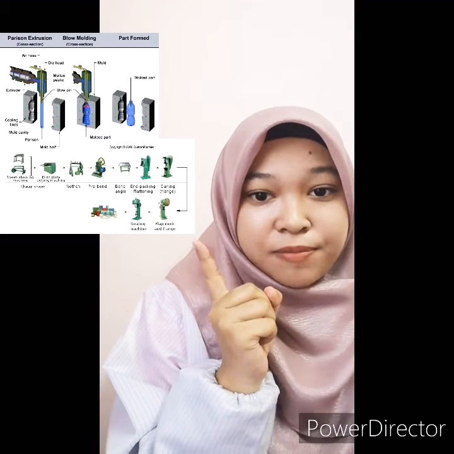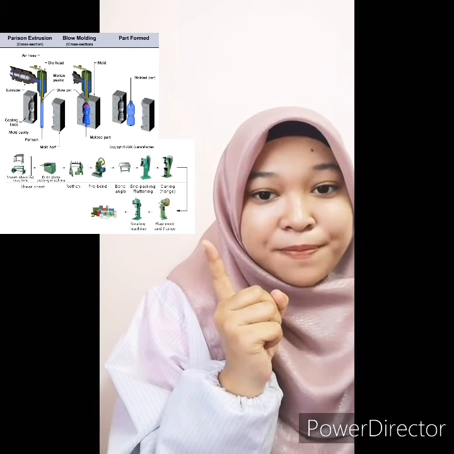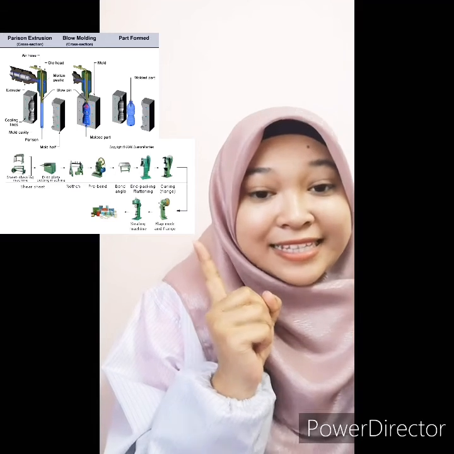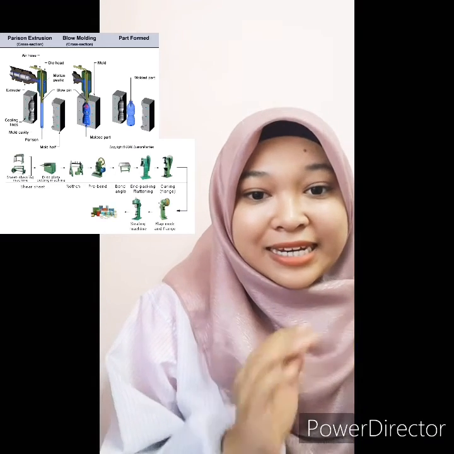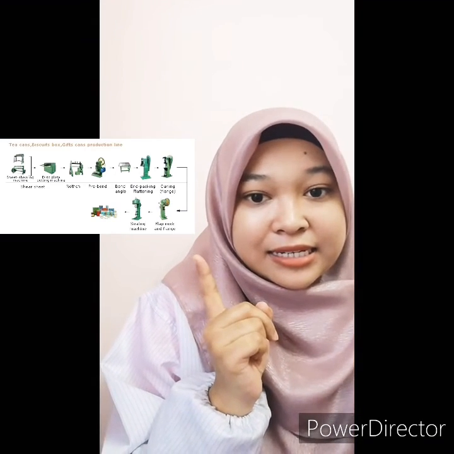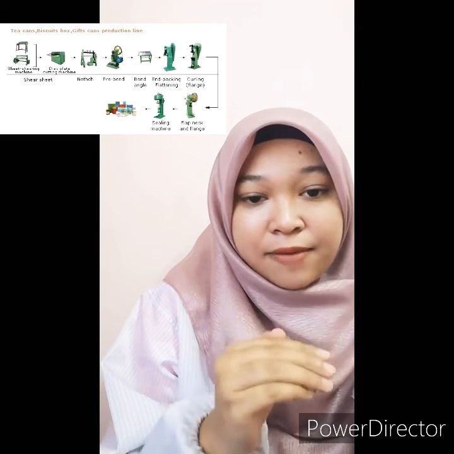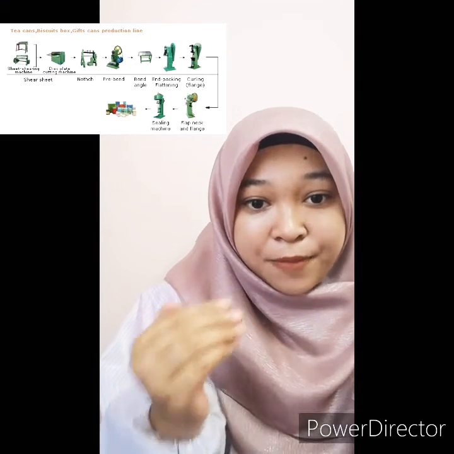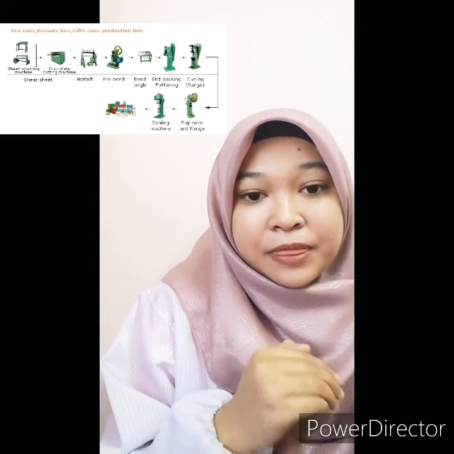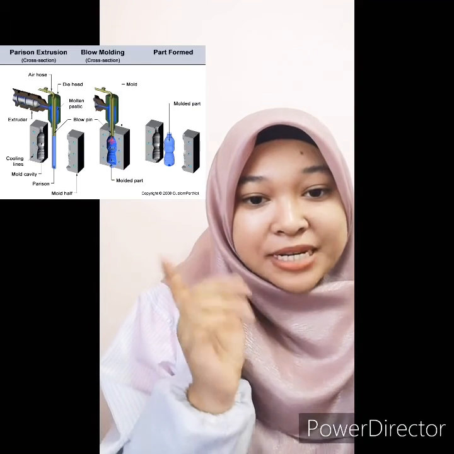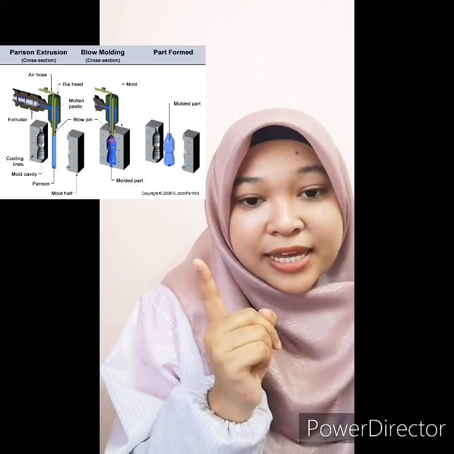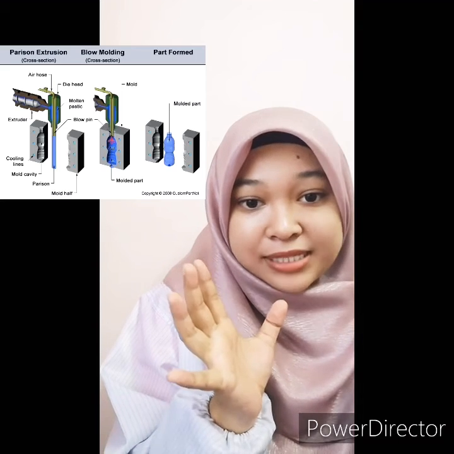So this is a picture of the different manufacturing processes for a plastic bottle and a tin can. We can clearly see that the manufacturing process for the tin can has many steps, while the plastic bottle uses blow molding.